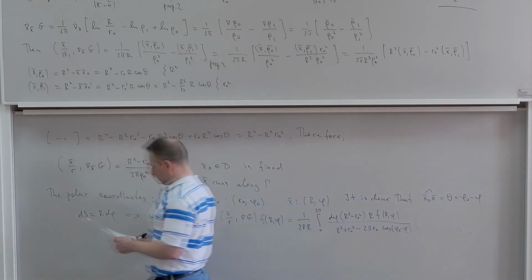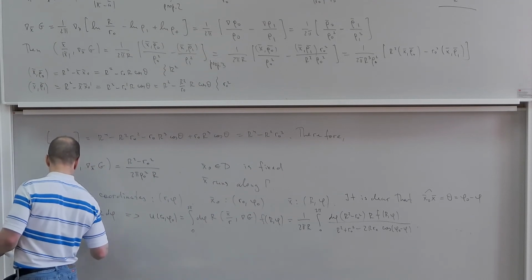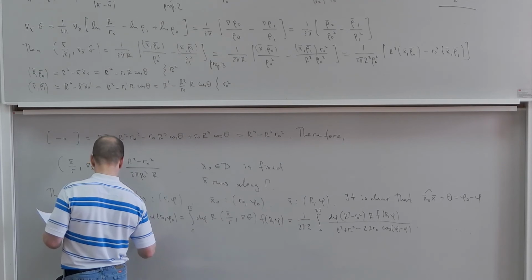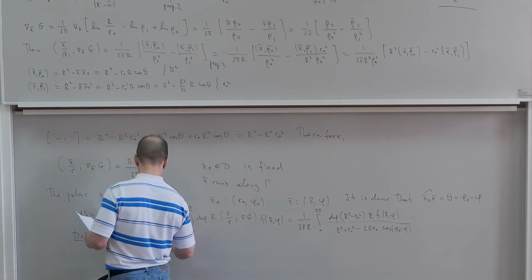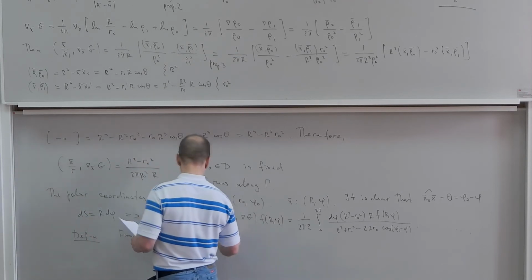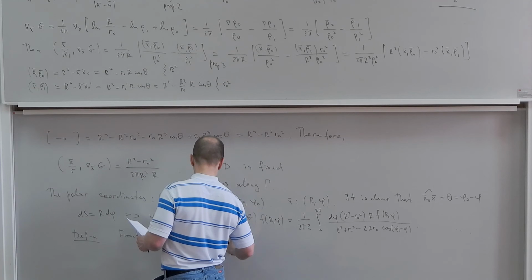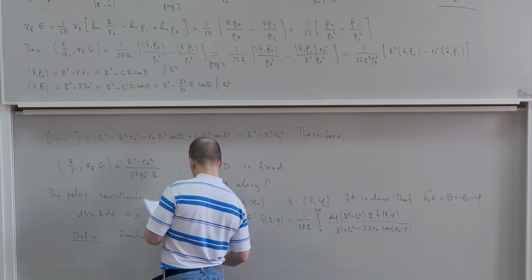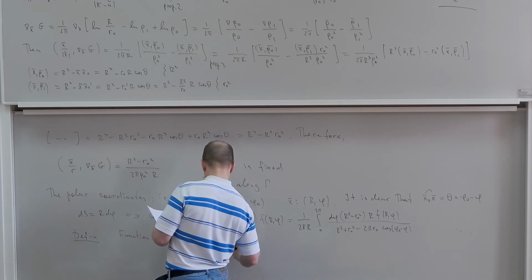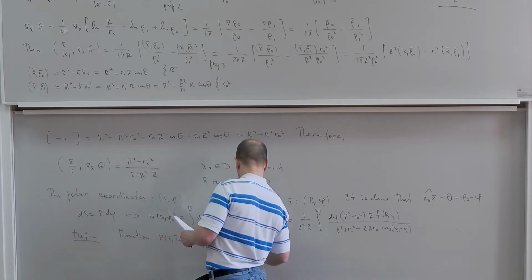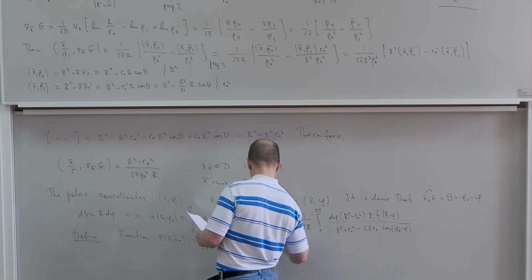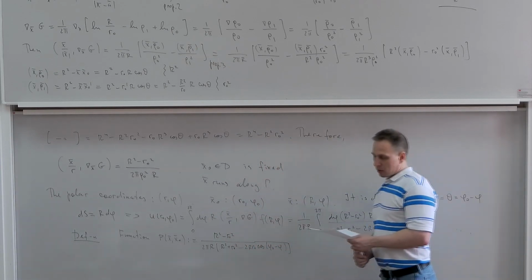Definition. The function, which by definition is equal to the following expression, is called the Poisson kernel.